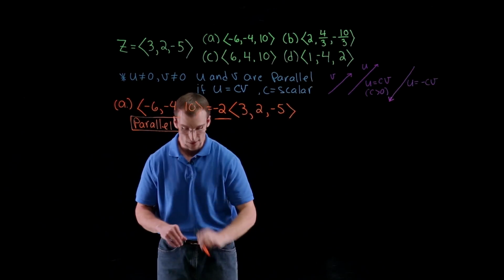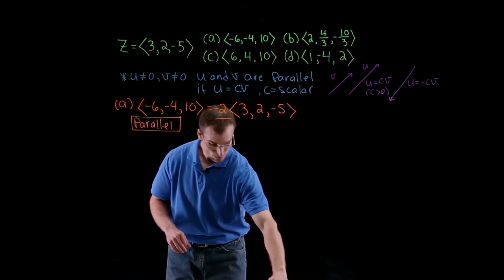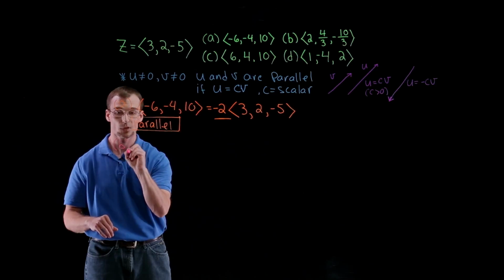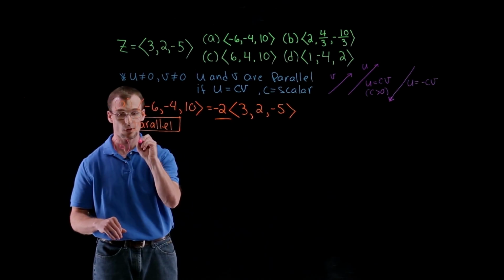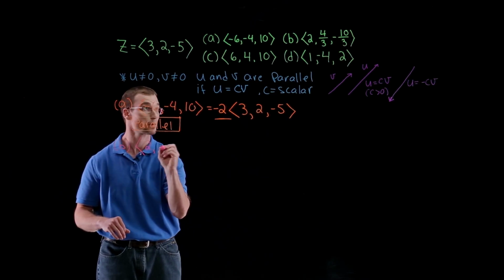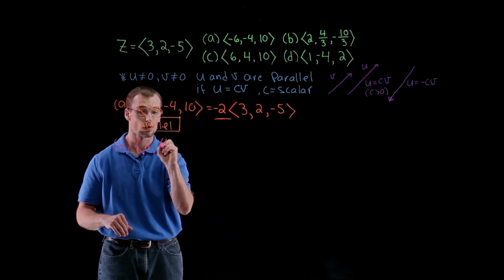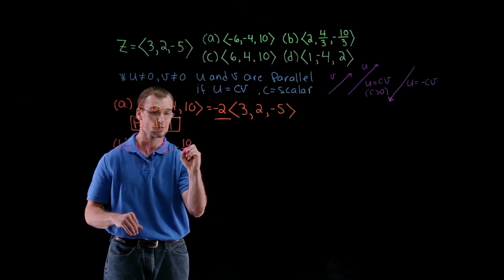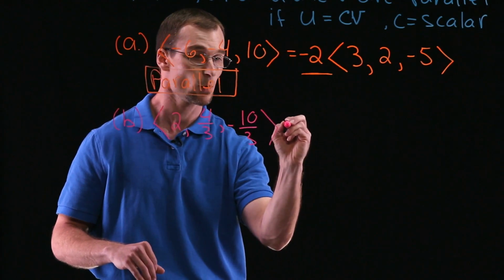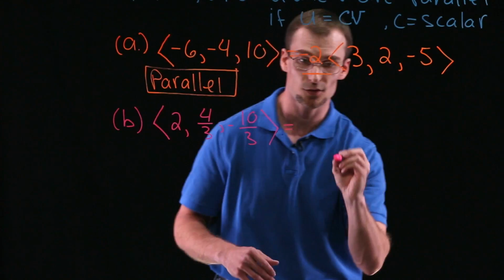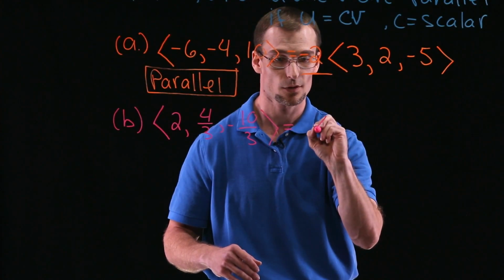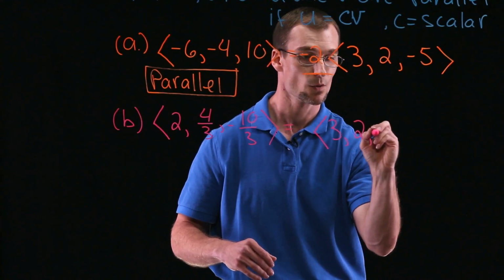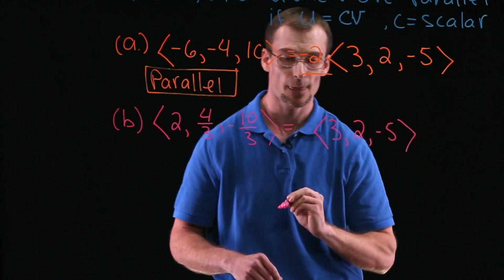Okay, let's take a look at the vector B. Our vector B, with components 2, 4/3, and -10/3, we want to see if this is equal to, again, some scalar multiple of our vector Z with components 3, 2, and -5.